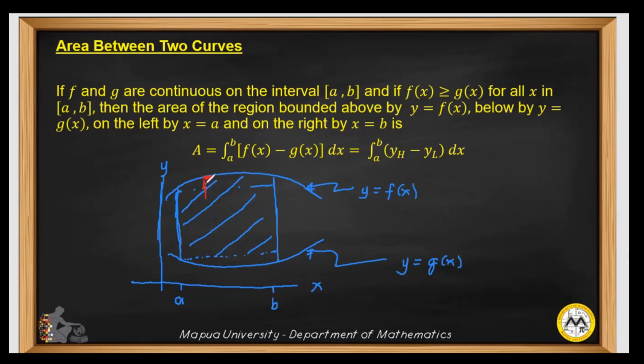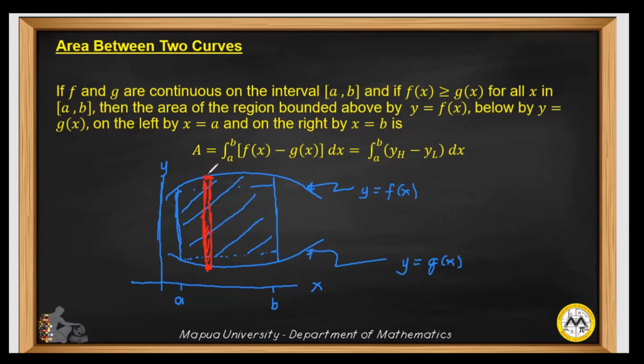So if we draw the representative element anywhere on the region, it will always be bounded above by y equals f of x and below by y equals g of x. So let us consider this element.